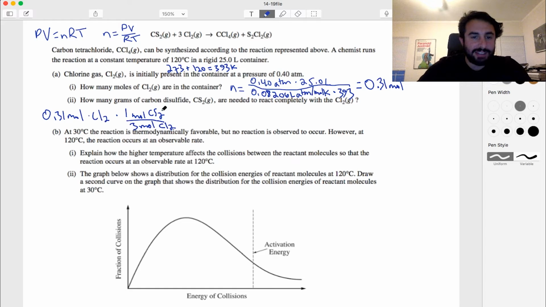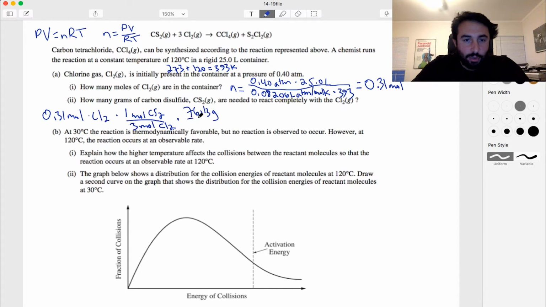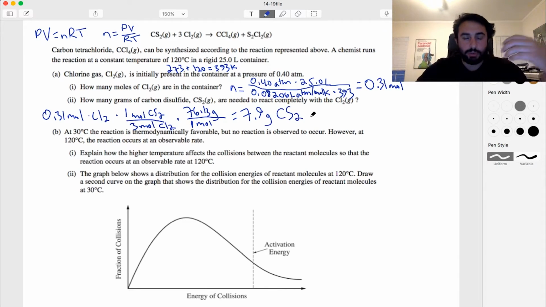So that is going to get us into moles of CS2. Then once we have moles of CS2, we just multiply by 76.13 grams per 1 mole. That is the molar mass of CS2. We can just go to the periodic table and add the average atomic masses up. And that is going to get us to 7.9 grams of CS2.